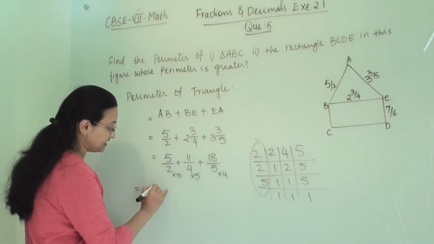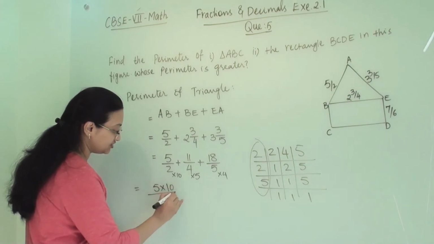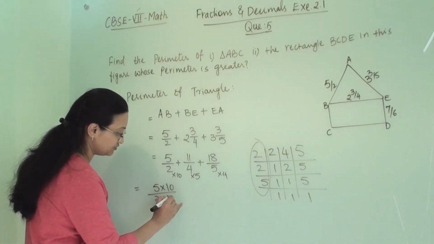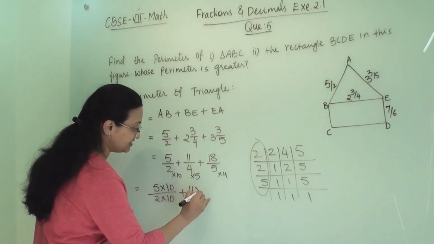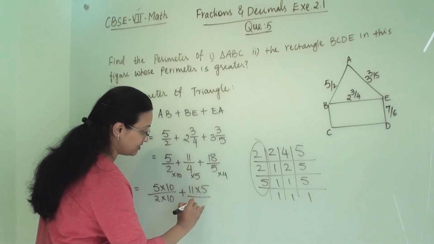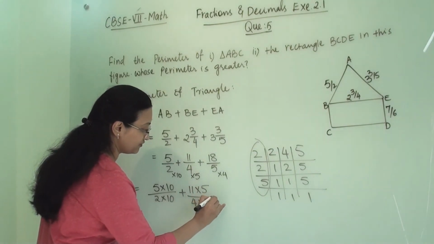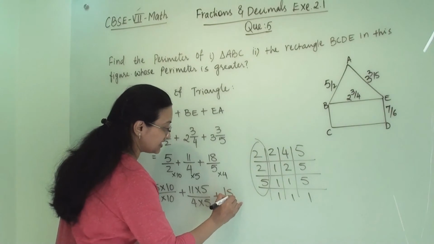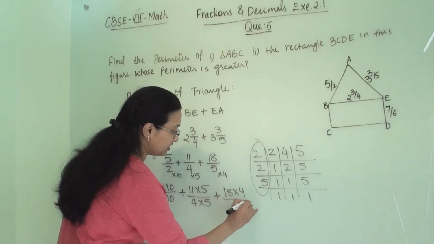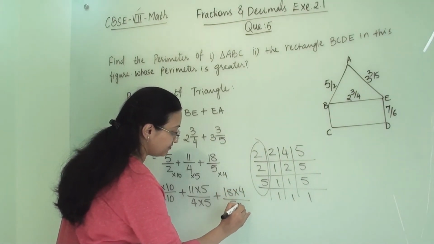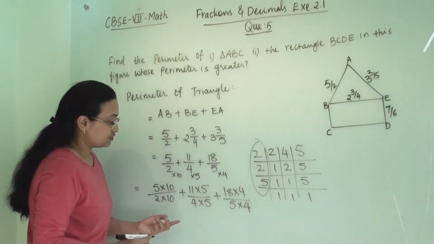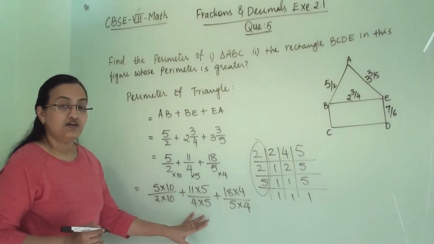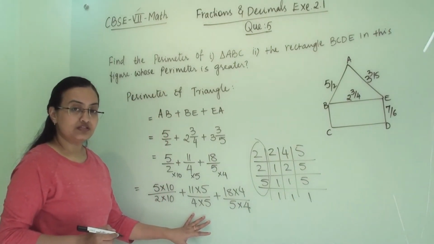Now let us multiply the same number in the numerator. 5 into 10 plus 11 into 5 divided by 4 into 5 plus 18 into 4 divided by 5 into 4.